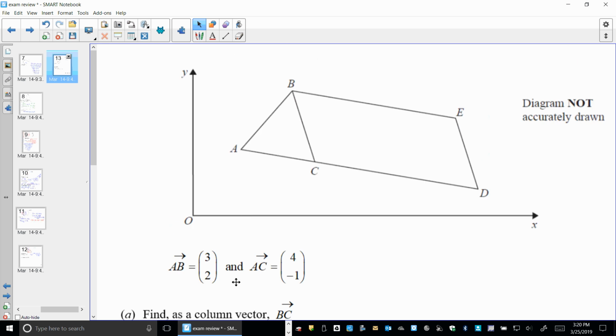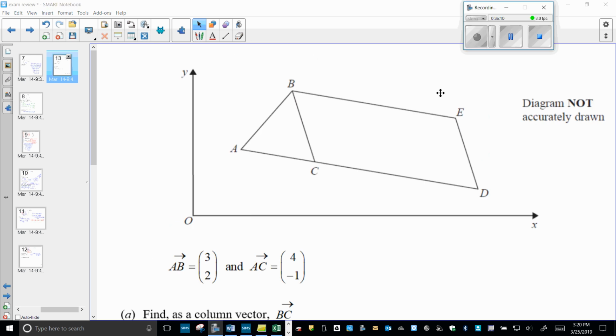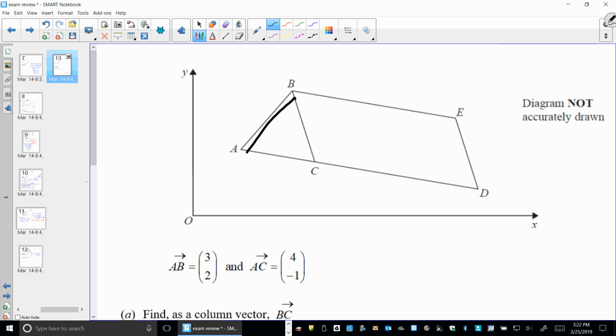Great. Let's go, because we're quite long. Right, so AB is 3, 2, and AC is 4, negative 1. We've got to find this column vector BC. If we want BC, we're going to have to go down this way, and then up that way.